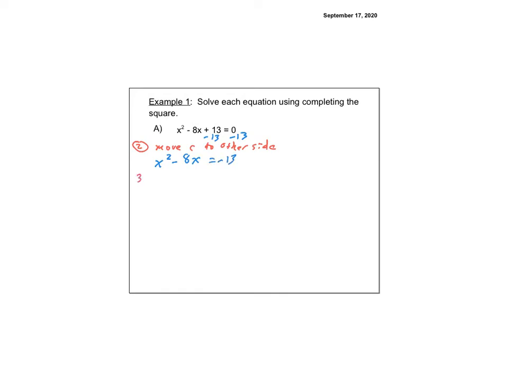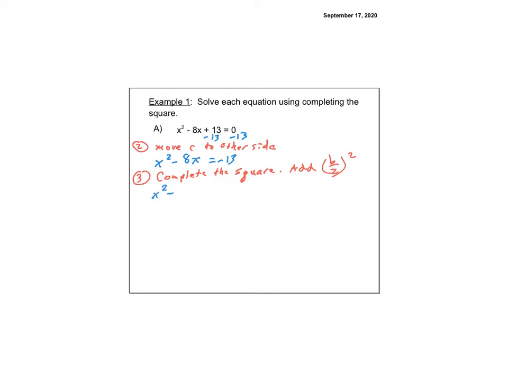All right, third step is to complete the square. So basically how you do that is you add (b divided by 2) squared to both sides of the equation.